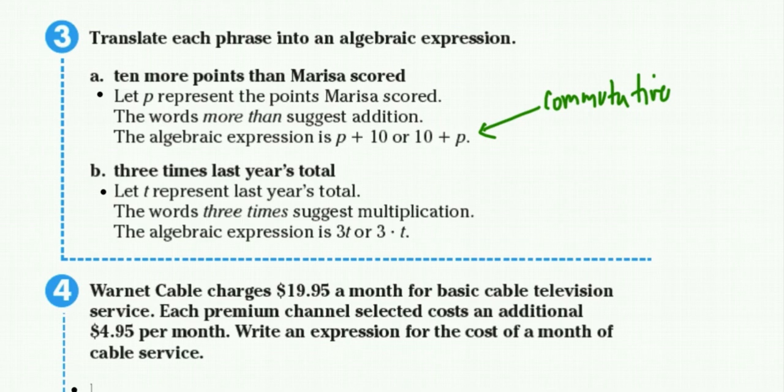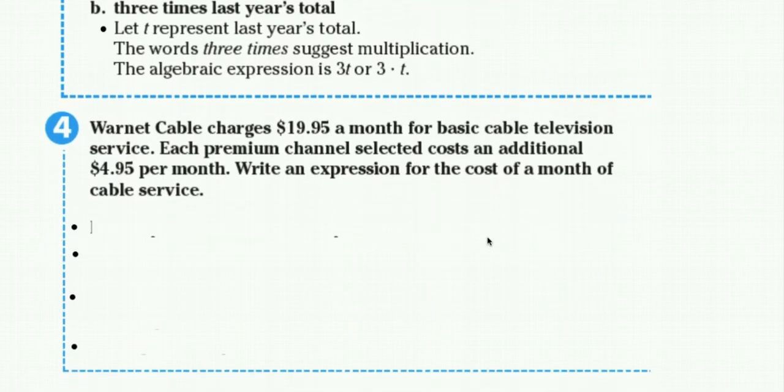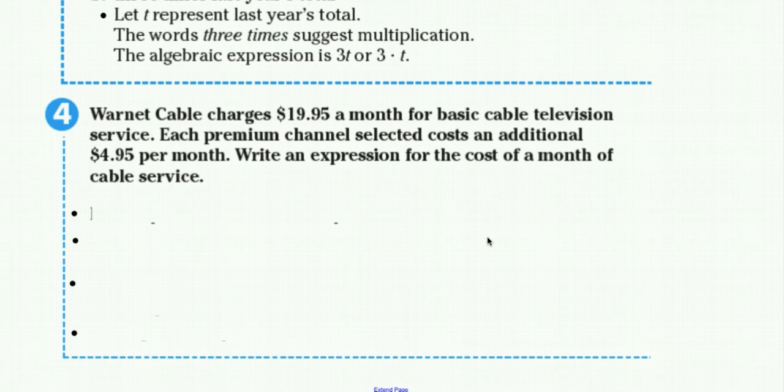Let's take a look at example number 4. A cable company charges $19.95 a month for basic cable TV. Each premium channel selected costs an additional $4.95 per month. Write an expression for the cost of a month of the cable service. So let's understand what the problem is asking for.